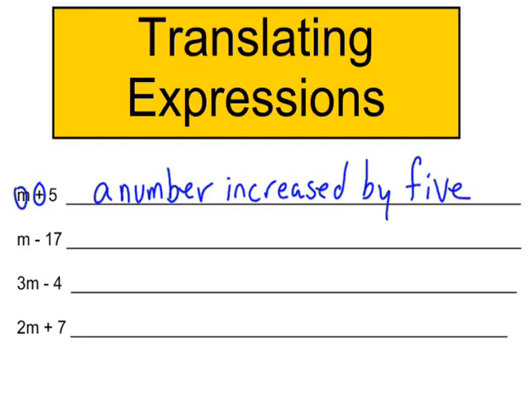I could have also written the sum of a number and 5 would have been fine. Okay, the next one, m minus 17. I'm going to do a number decreased by 17.